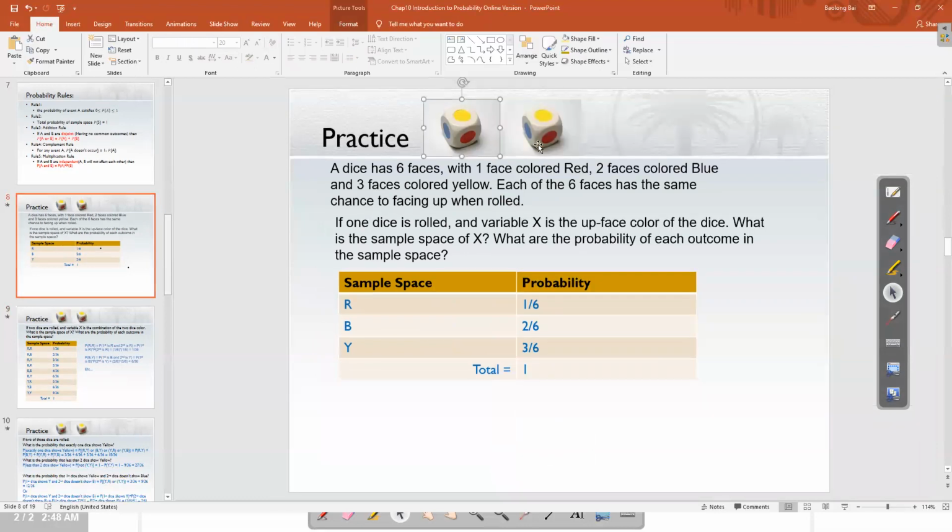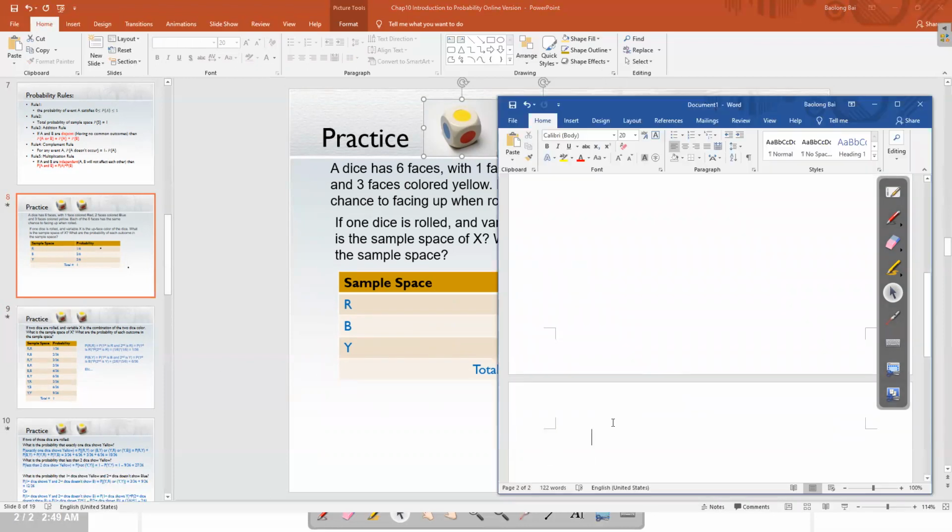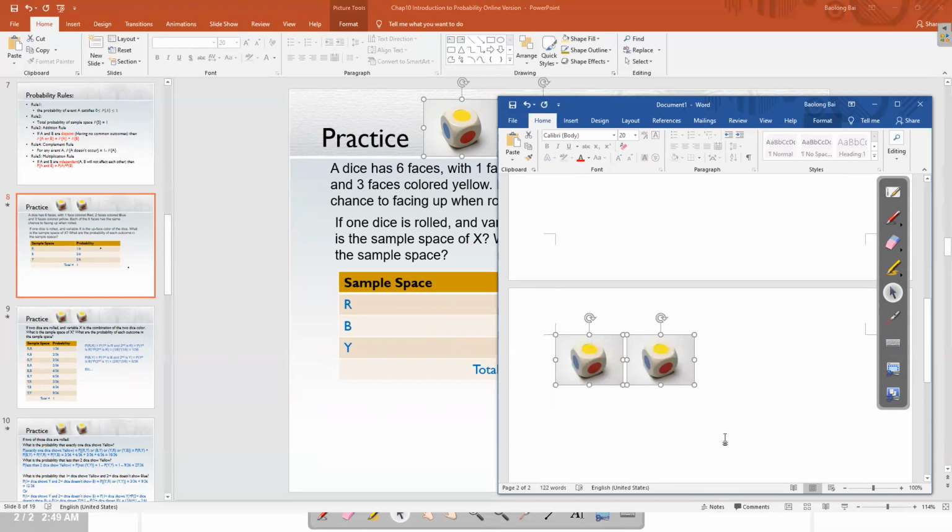So for the problem here, if you have 2 dice and you roll them together, you're going to record 2 colors, 1 color for each die, right? So basically you're going to have first die color and second die color, right?